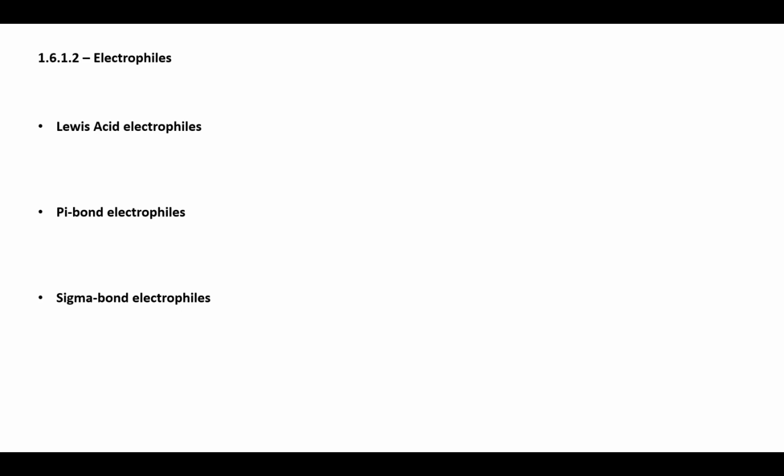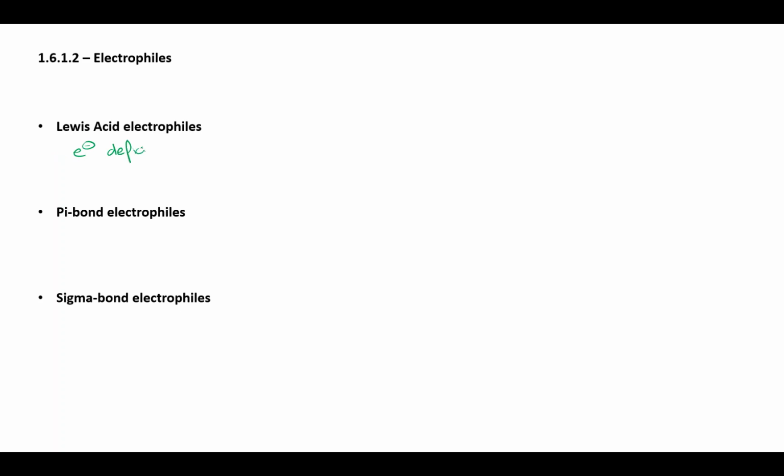These are electrophiles. Just like with nucleophiles, we can break up electrophiles into three groups: the Lewis acid electrophiles, and then once again pi bond electrophiles and sigma bond electrophiles. Lewis acid electrophiles, we defined on the first day.